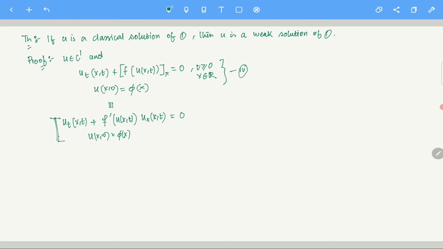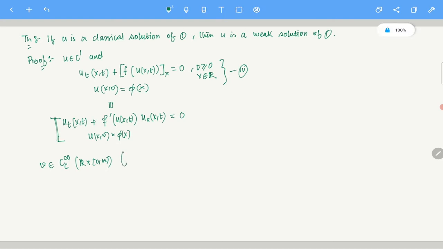Okay, now see, once equation 4 is true, assume you have a v which is a C infinity function on R cross (0, infinity). So we are just assuming a C infinity function with a compact support. What does it mean?